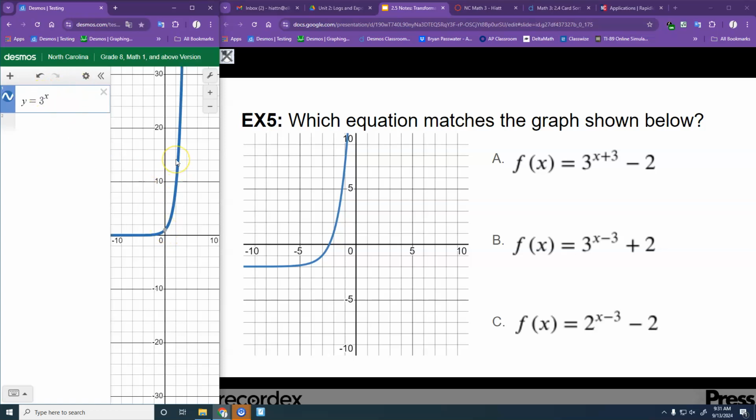You'd start with this. Actually, it might be y equals 2 to the x. Could be.